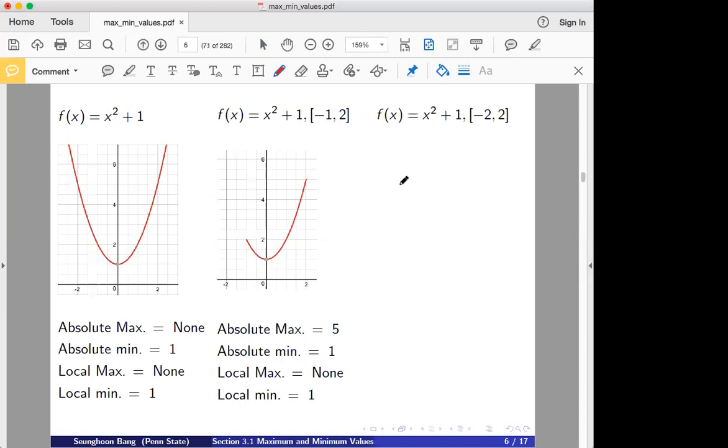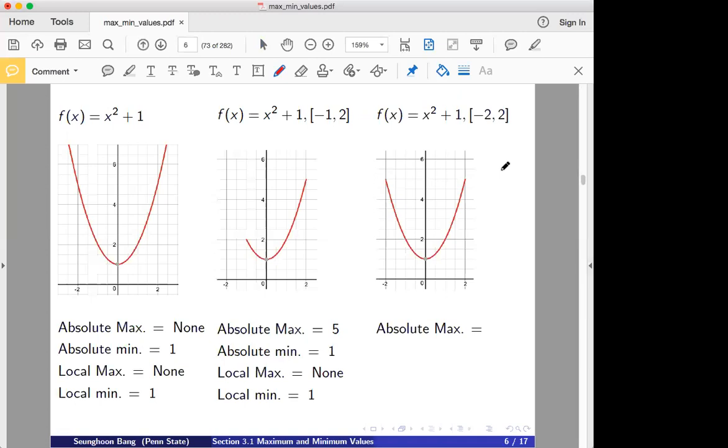The similar one, domain change. The graph is like this. What is absolute maximum? Absolute maximum is, as I said before, the y value. Here, y value 5.